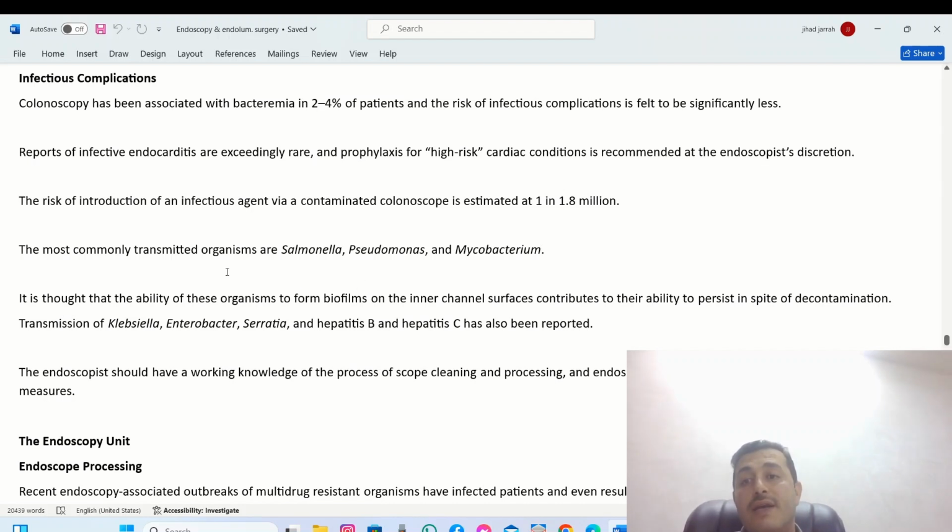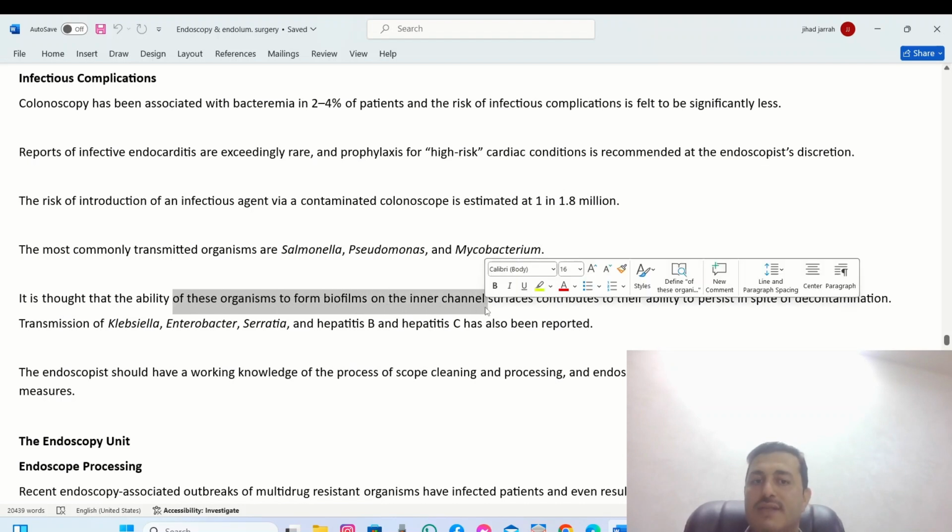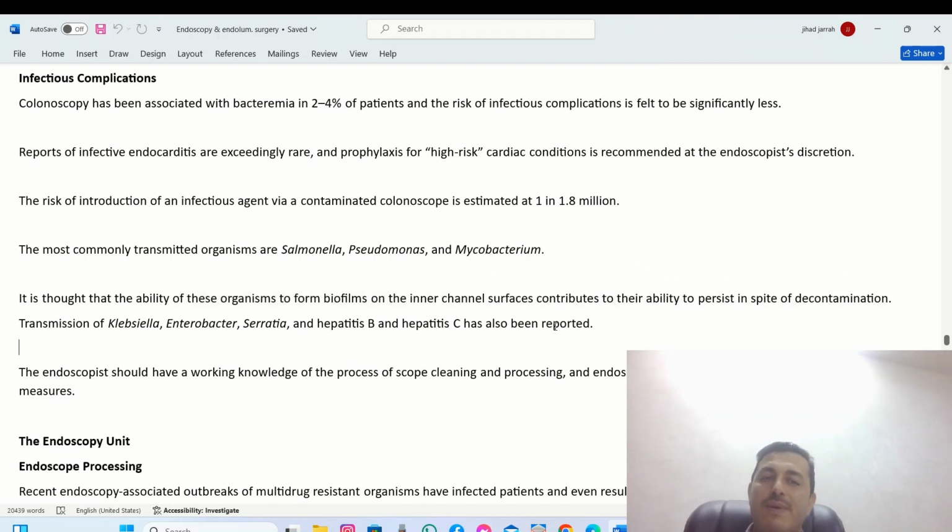The agents that can cause contamination are bacteria that have the ability to form a biofilm on the inner channel surface, so they are more resistant to decontamination. These agents include Salmonella, Pseudomonas, and Mycobacterium.